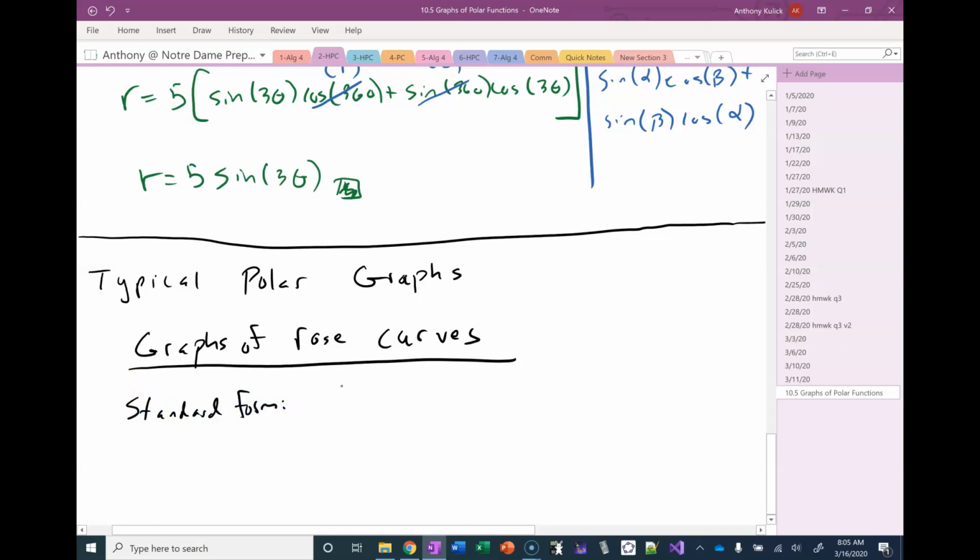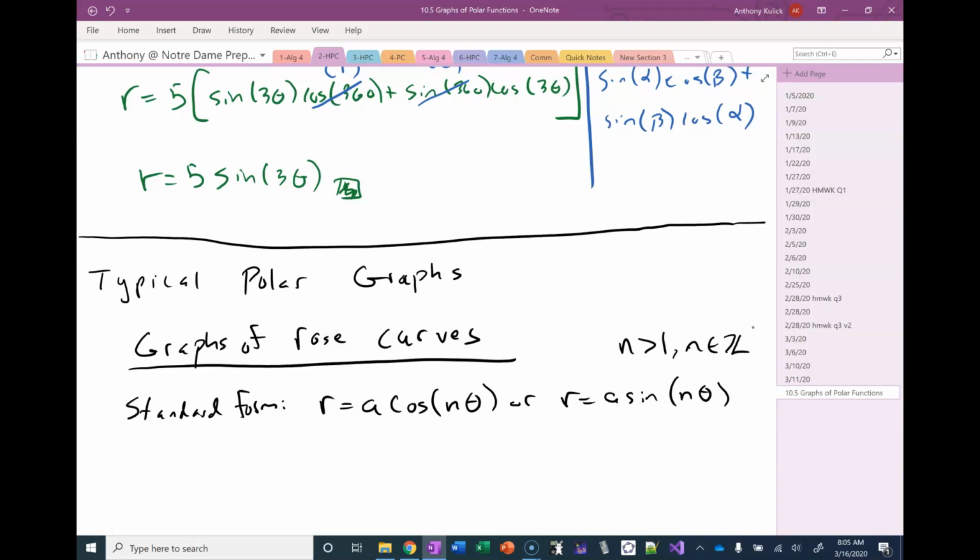So the standard form equation is r equals a times cosine n theta, or r is equal to a times sine n theta, provided that n is a positive integer greater than 1.